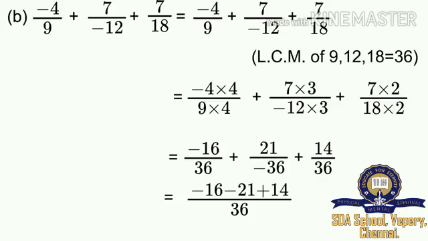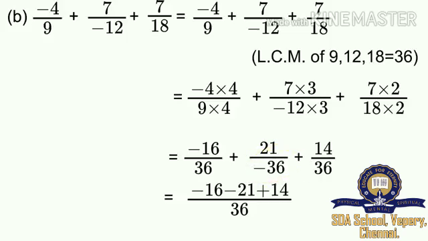Minus 4 into 4 is minus 16, 9 into 4 is 36. Plus, if we multiply 12 into 3, we get 36, so we multiply 3 in numerator and denominator: 7 into 3 divided by minus 12 into 3. 7 threes are 21 and 12 threes are 36, minus 36.